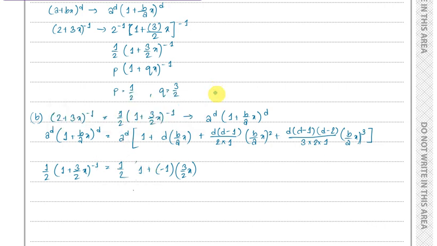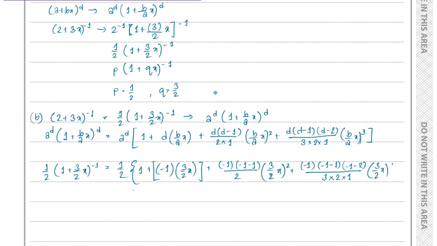So this would be this, plus d is minus 1 multiplied by minus 1 minus 1, divided by 2, multiplied by (3/2 x) squared, plus minus 1 multiplied by minus 1 minus 1 multiplied by minus 1 minus 2, divided by 3 multiplied by 2 multiplied by 1, multiplied by (3/2 x)^3, and bracket close.